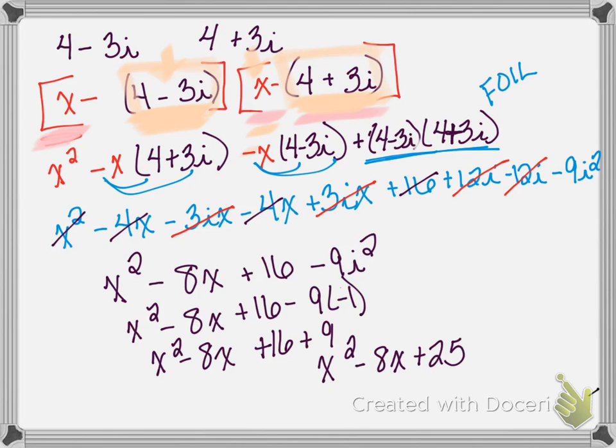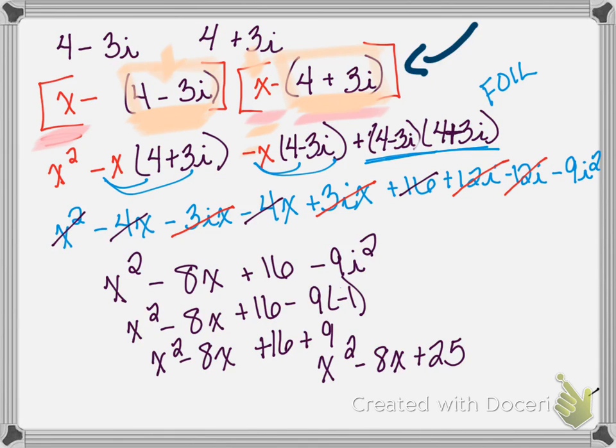I'm working backwards. We're used to saying, find the solutions of x squared minus 8x plus 25. But here I've given you the solutions and you work to find the polynomial that has those solutions. The algebra gets very icky here because you've got a trinomial times a trinomial. You could multiply x and treat it as a trinomial times a trinomial, and sometimes when students don't fully understand the FOIL process, that's what they do.